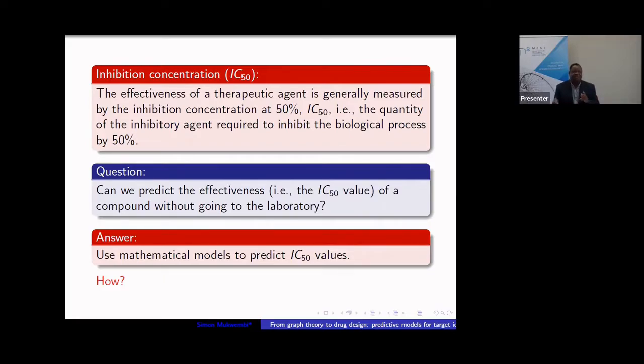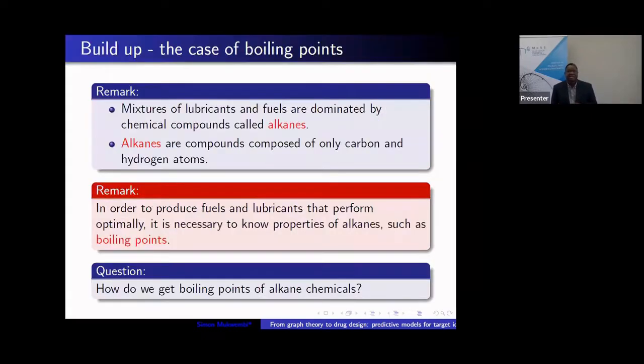And we basically looked at each other, we smiled, and we realized that this was way too difficult. And we said, yeah, because we are mathematicians, we think we can use mathematical models to predict the IC50 values. In other words, to predict the effectiveness of a compound in healing certain diseases.